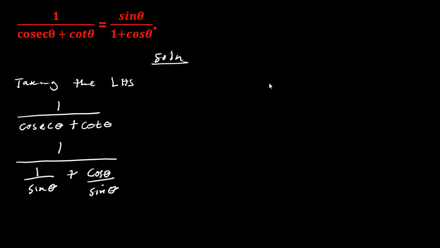So with that being done, we can say 1 over, so the common denominator between these two is just what? Sine theta. And then this into that, it's 1 times 1, it's 1, and then this into that, it is 1 times cos theta, it is cos theta.